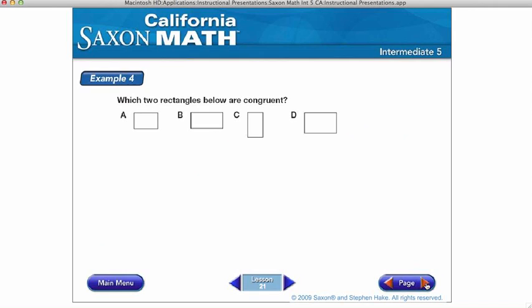Okay, example 4. Which two of these rectangles below are congruent? By congruent, we mean have the same size and shape.